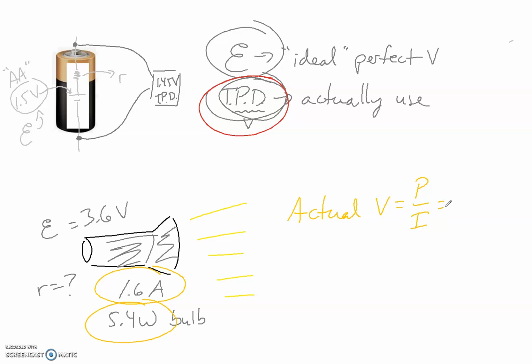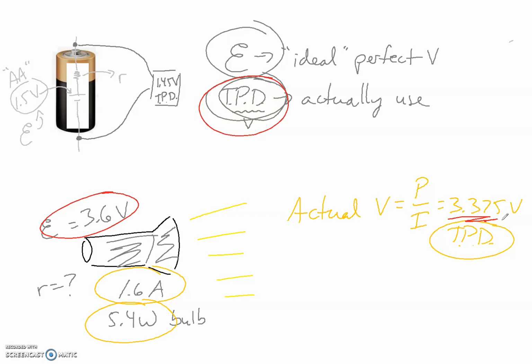If I divide 5.4 watts by 1.6 amps, I get 3.375 volts. This is the voltage that I'm actually getting to use. This is my TPD, my total potential difference. So I'm supposed to have 3.6, but I'm only getting 3.375 due to internal resistance.